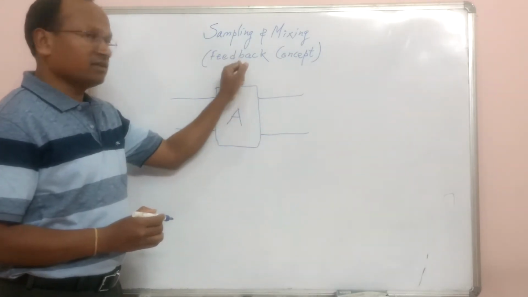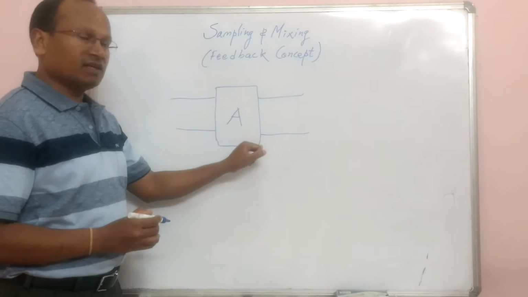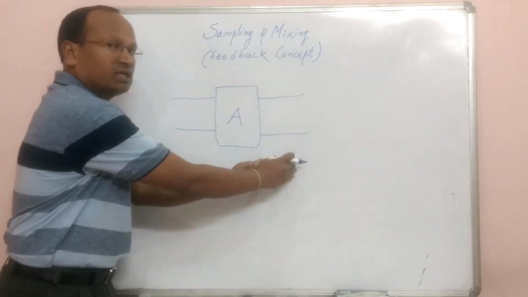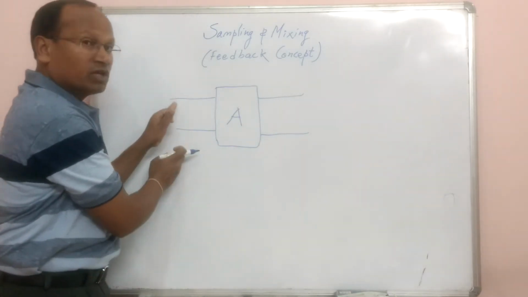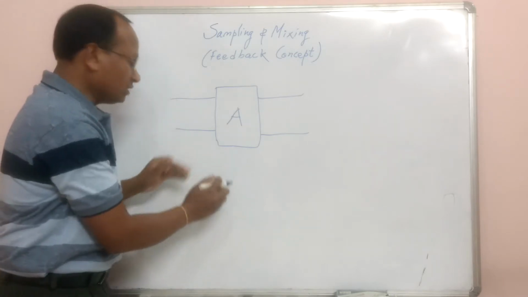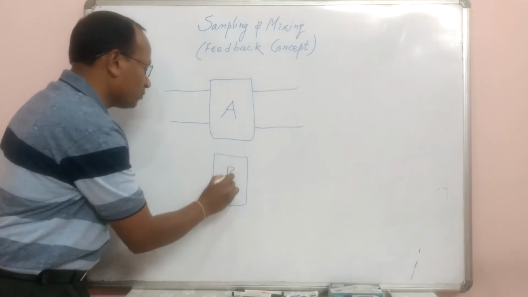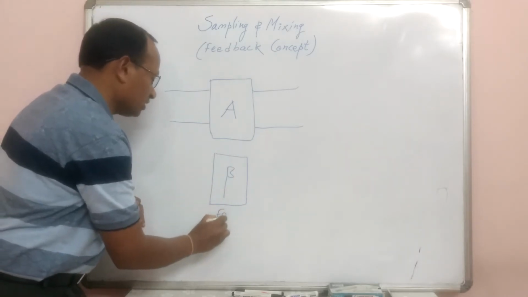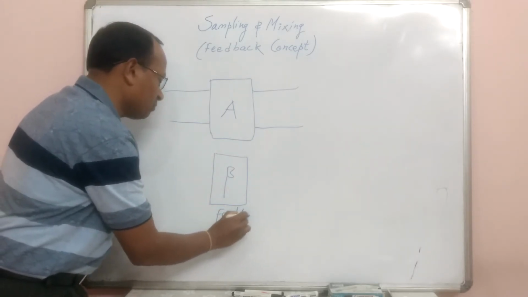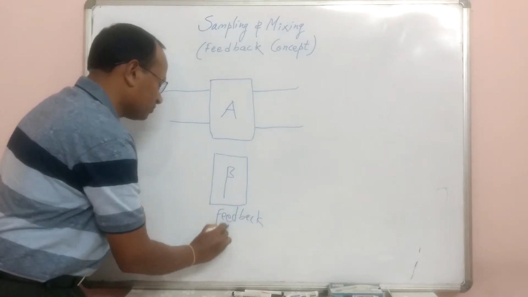What is feedback? Feedback is a process in which some part of the output is fed back to the input. How is it done? It is always fed back through some network, which we call the feedback network.